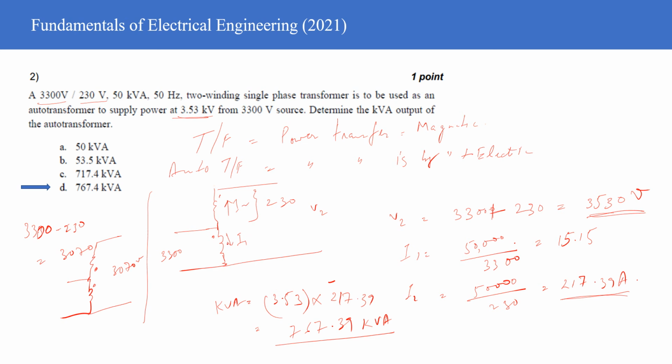So in this particular case the power is transferred by magnetization. This and this are still magnetically coupled, so the power is still flowing magnetically, but then there is an excess power which is just the multiplication of this current into this entire voltage.